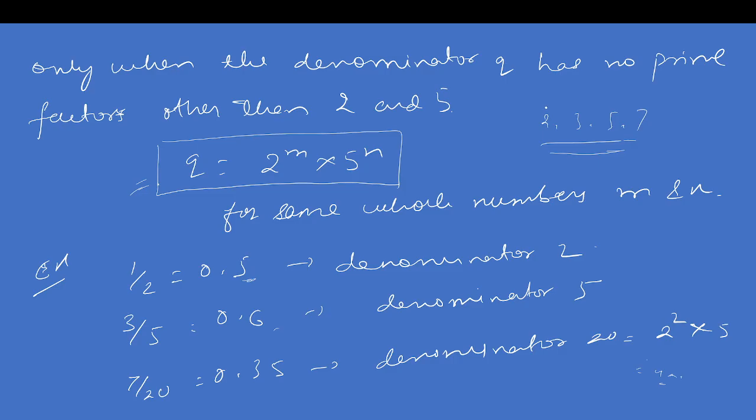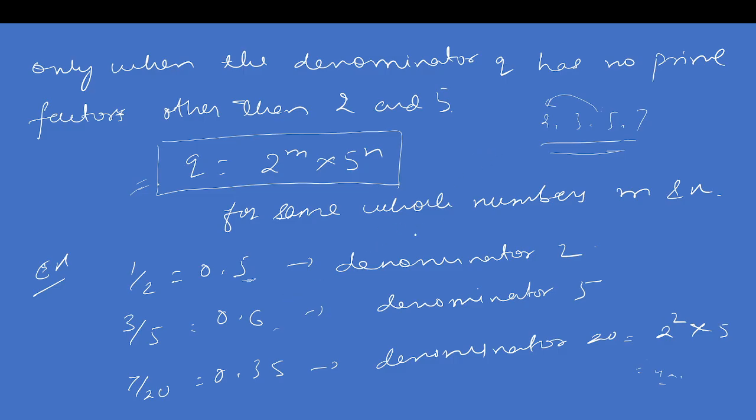So q has no factor other than 2 and 5. When the value of q is 2 or 5 or a multiple of 2 and 5, then only it will be terminating; otherwise it will be non-terminating.